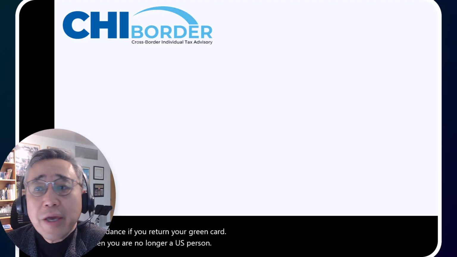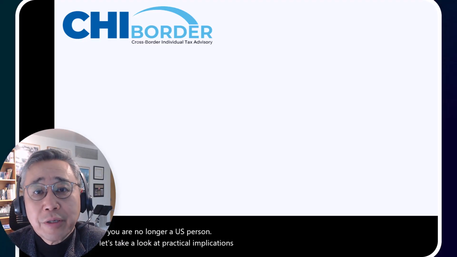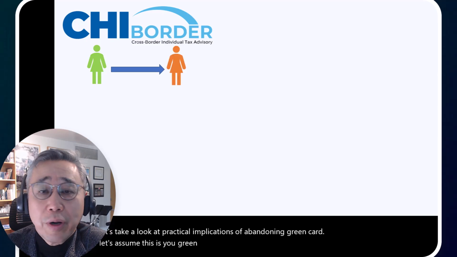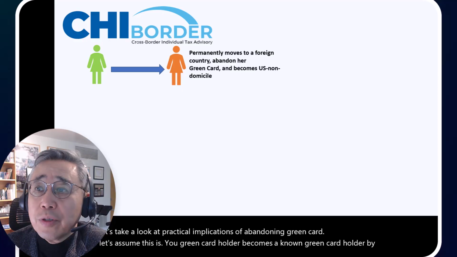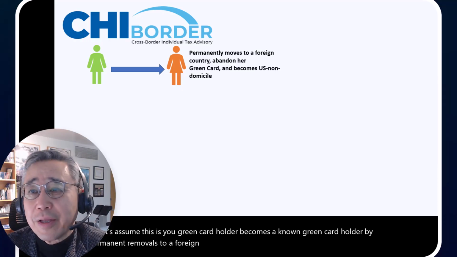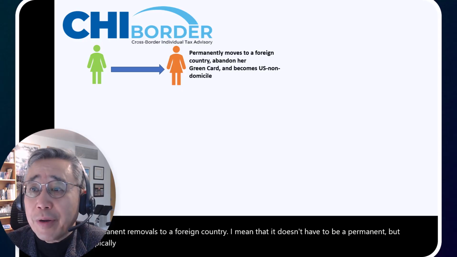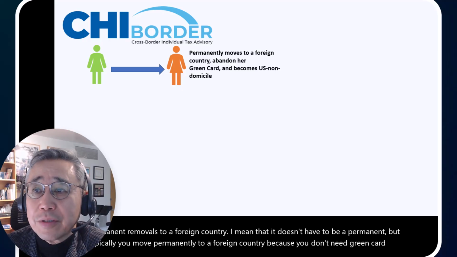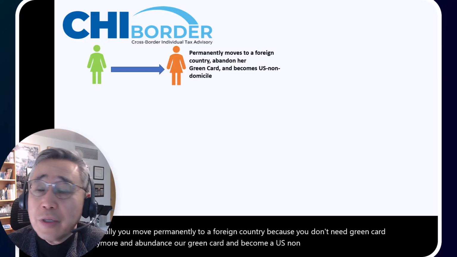So let's take a look at practical implications of abandoning a green card. Let's assume this is you, a green card holder who becomes a non-green card holder by permanently moving to a foreign country. It does not have to be permanent, but typically you move permanently to a foreign country because you don't need a green card anymore, and you abandon your green card and become a U.S. non-resident.